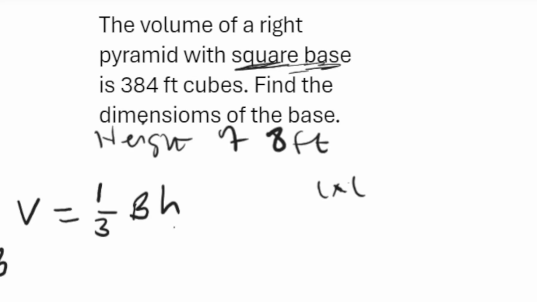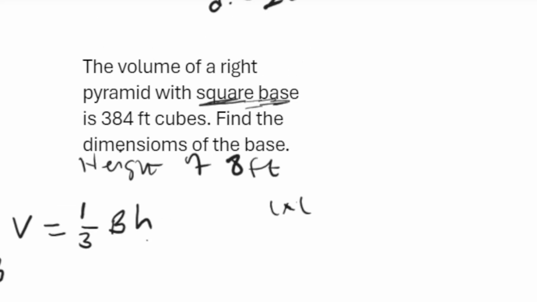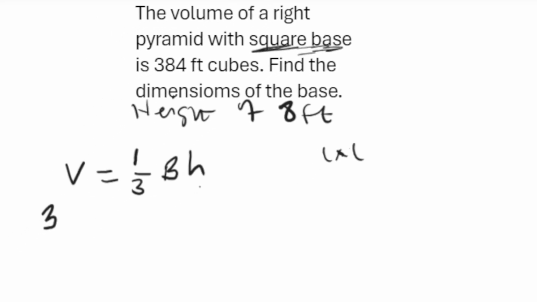Our volume is 384, which is equal to 1/3. Our base area is going to be L squared, because it is L times L, and then times, in parentheses, 8, which is our height. Now you use your algebra. What do you do first?